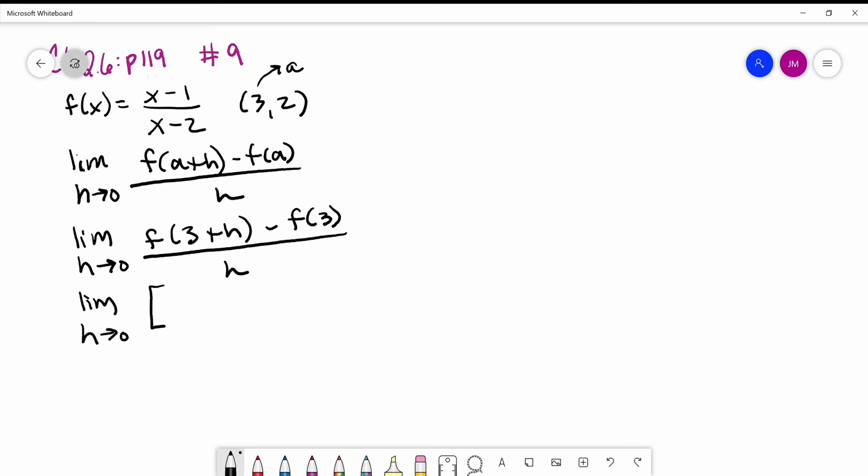So my front end here is going to be 3 plus h minus 1 over 3 plus h minus 2. My back end is the f of 3. Normally I would substitute 3 in, but in this case they gave us what f of 3 is equivalent to, which is 2. And that is all over h.